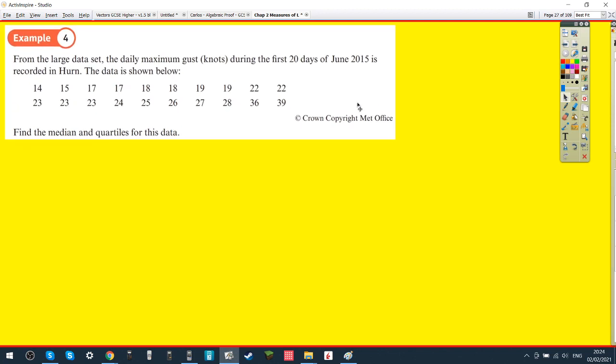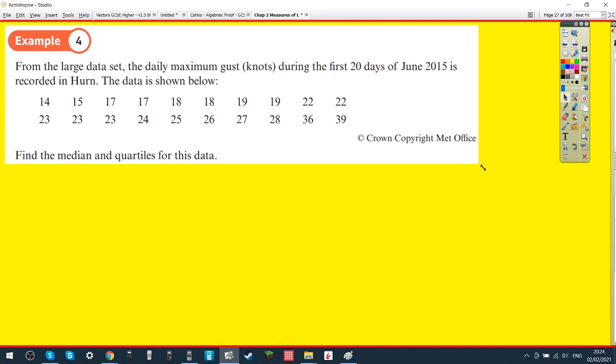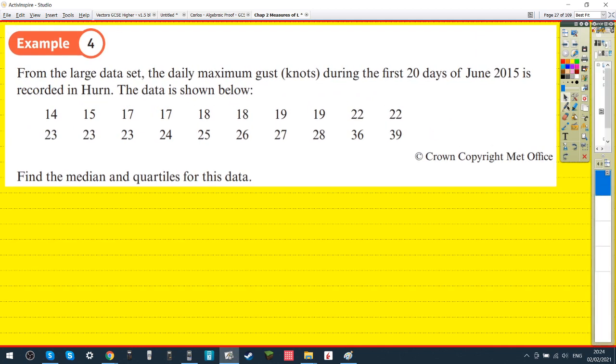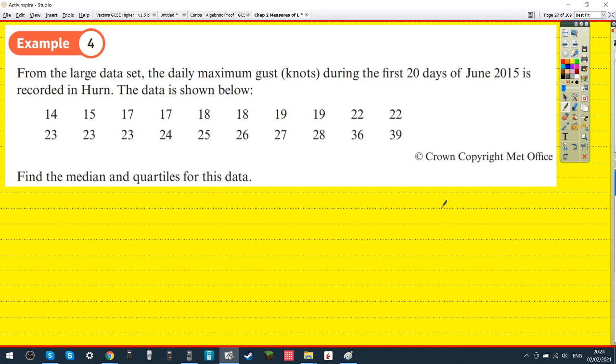Okay, median and quartiles. What's the median? It would be 25 and 26 divided by 2. Why 25 and 26? Because there are two middle numbers and there's no exact middle number.